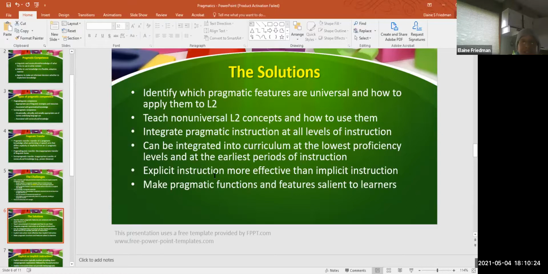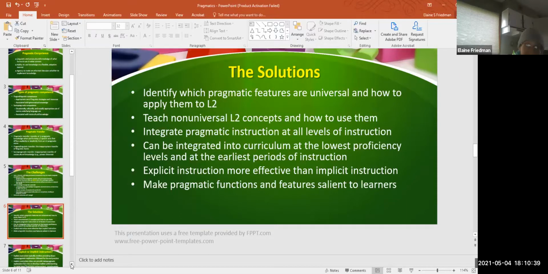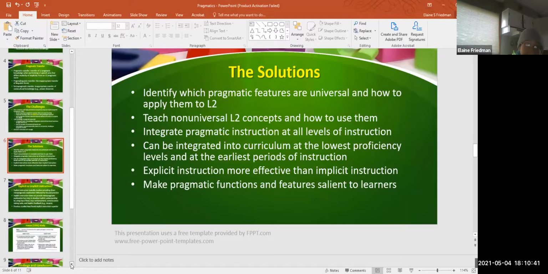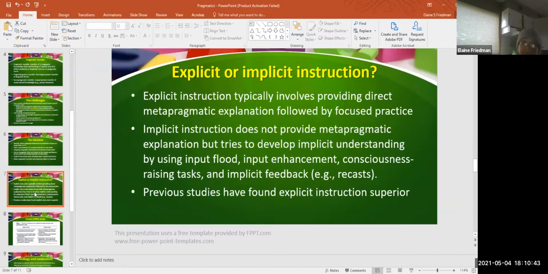And provide explicit instruction, which I'm going to talk about very quickly because I know I'm out of time, because explicit instruction makes pragmatic functions and features salient. So that's why explicit teaching is, just very quickly, explicit instruction is providing direct metapragmatic explanation followed by focused practice.